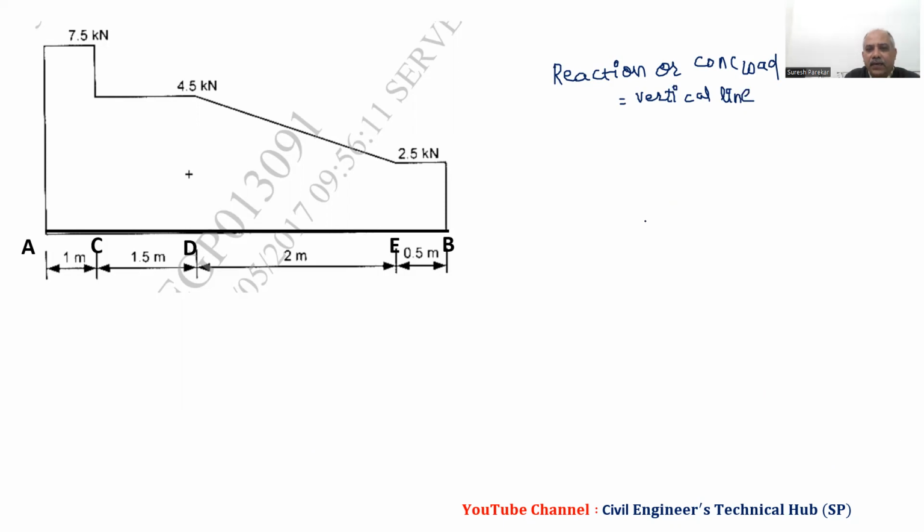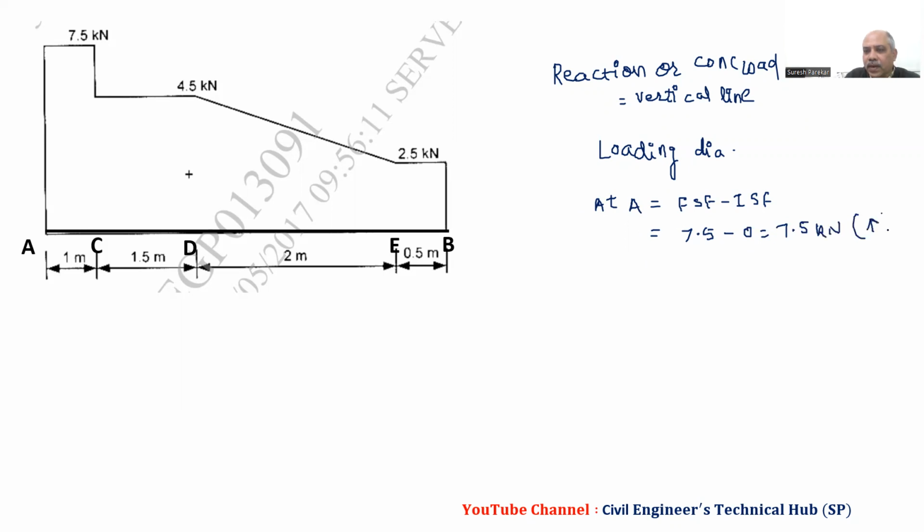Now at A, we have a vertical line, so we have a loading diagram. At A, final shear force minus initial shear force. Final shear force we have 7.5, initial we have 0. So we have 7.5 kilonewton, plus means upward.